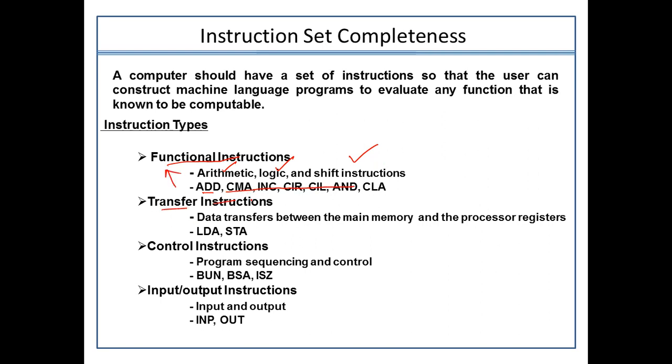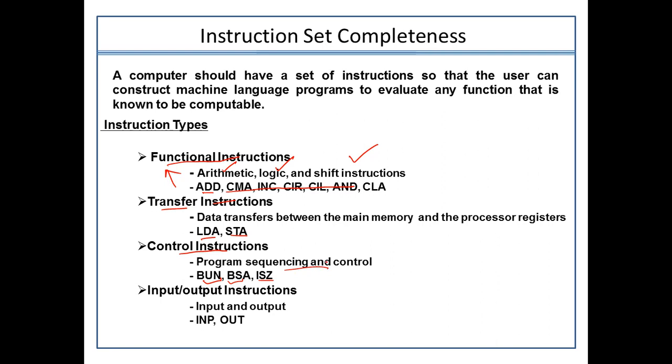Similarly, certain instructions are responsible for transferring data, for example from one register to another, like load and store. These are called transfer instructions. Some instructions control the flow, like branch unconditional, branch and save return address, and ISZ, increment and skip if zero.